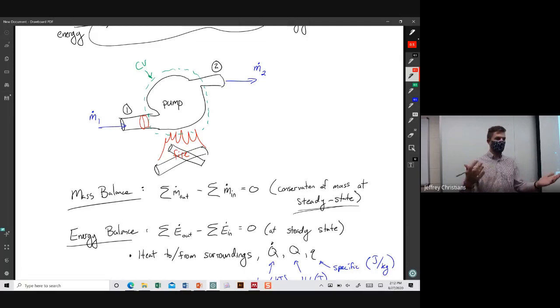When that moves, it has to get pushed across the boundary to inside the control volume. When that happens, a force was applied and it moved. So a force was applied over a distance, so there's a work associated with the movement of that fluid.